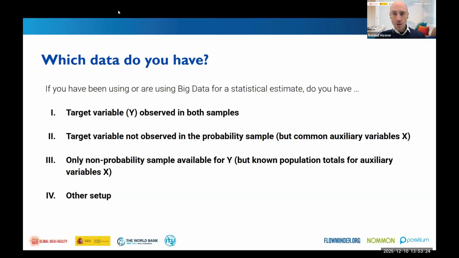What is often available is population totals. Say you have from the statistical office an estimate of the number of people per region in the country, or a demographic estimate of how many men and women you have in a country, or how many children. Such population totals could be used.